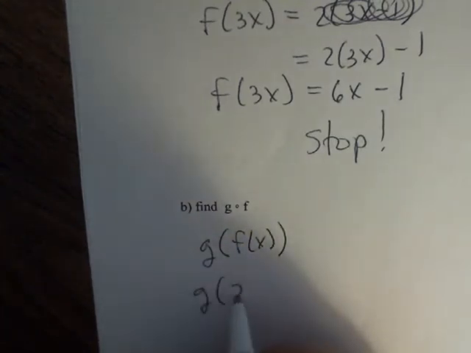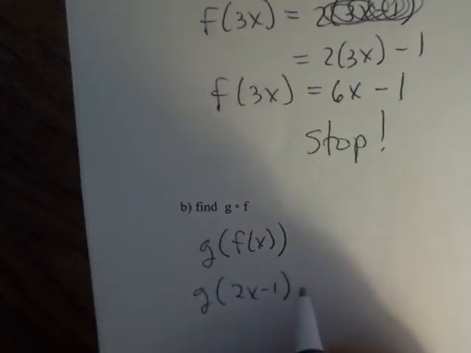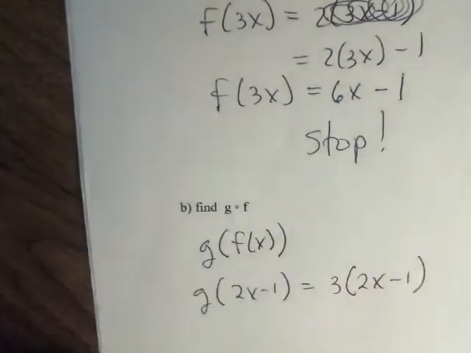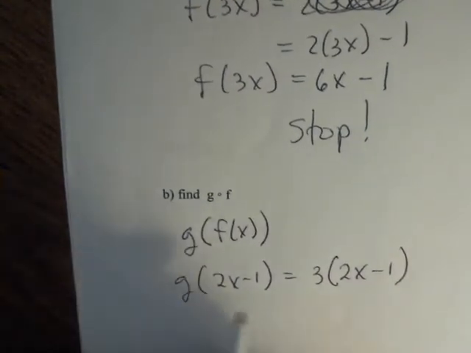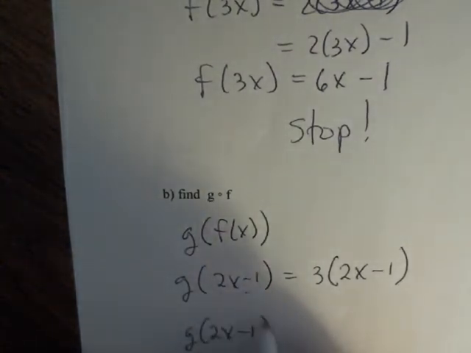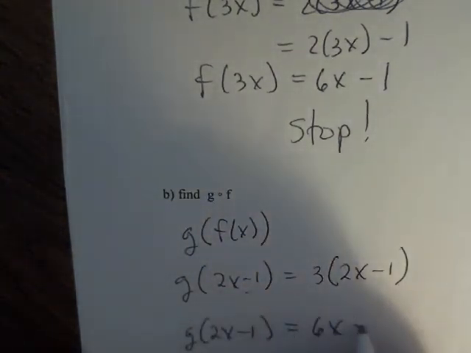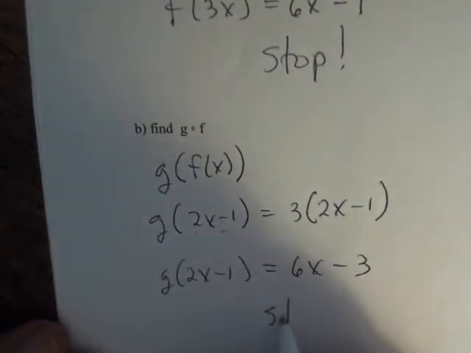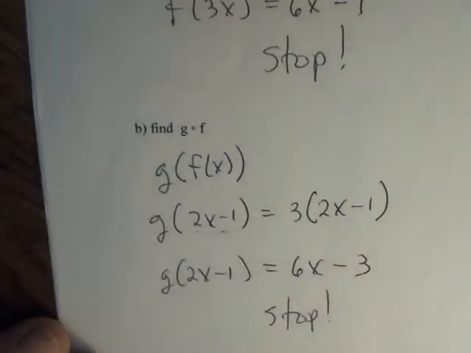So f of x is 2x minus 1, and that equals 3 times the entire 2x minus 1, because g is 3x. So g of 2x minus 1 is 6x minus 3. Okay, and again, just stop. Don't cause yourself more work.